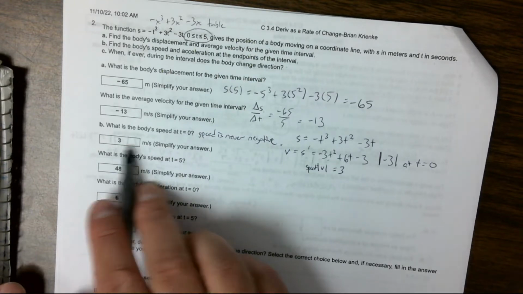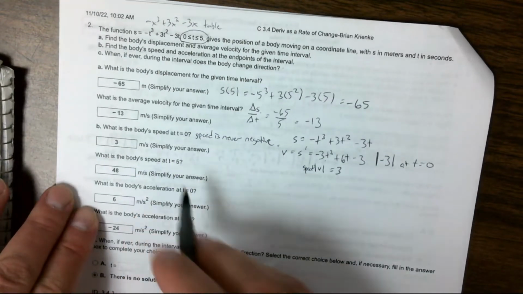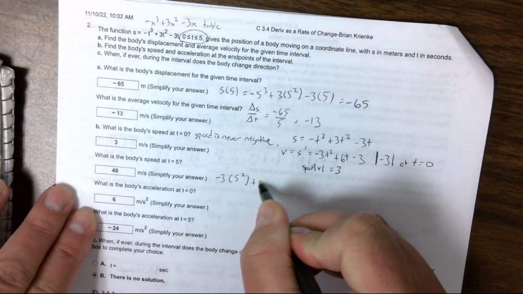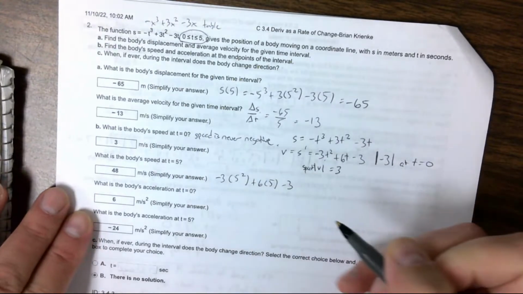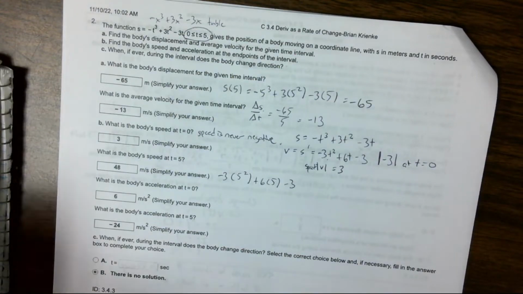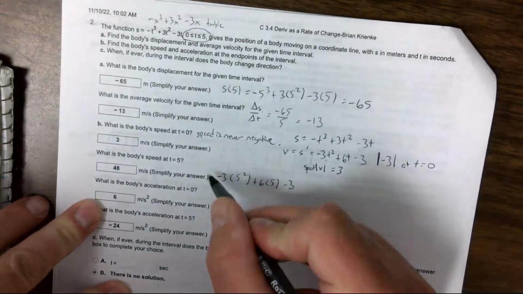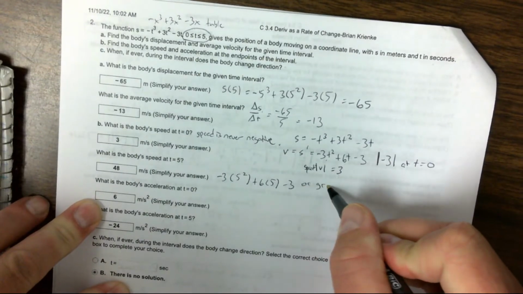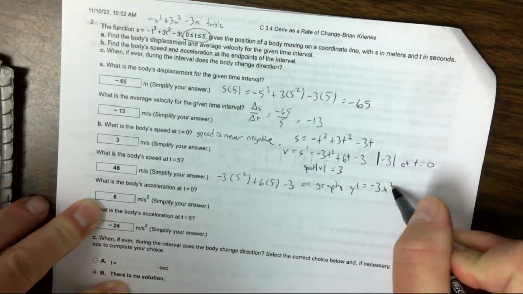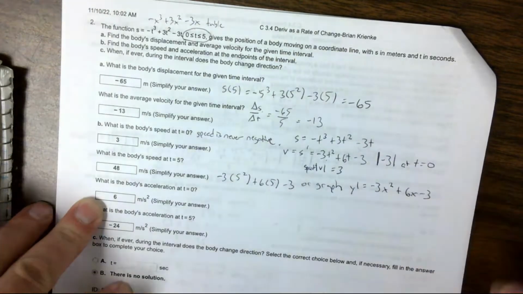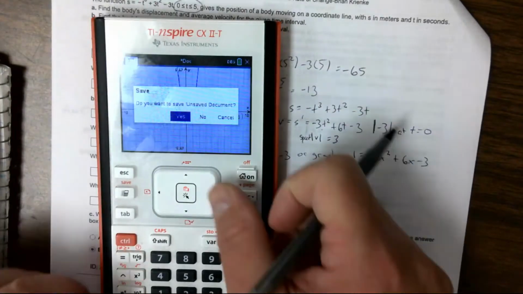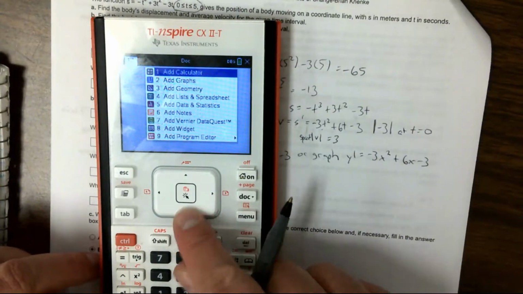And then at t equal 5, you would do negative 3 times 5 squared plus 6 times 5 minus 3. This time I'm going to graph it, because I know I'm going to need that graph later on. And that'll just save time.